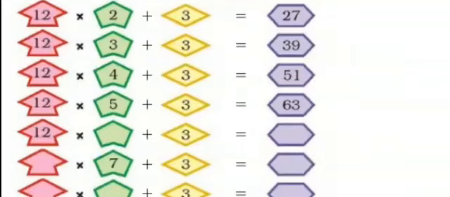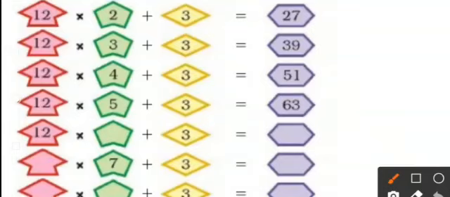Let us understand some more number patterns. In this pattern, take any number. I have taken 12. Then multiply it by 2, 3, 4 and so on at every step. Also add 3 to it at each step. Now look at the difference in the answers. Is it the same at every step?